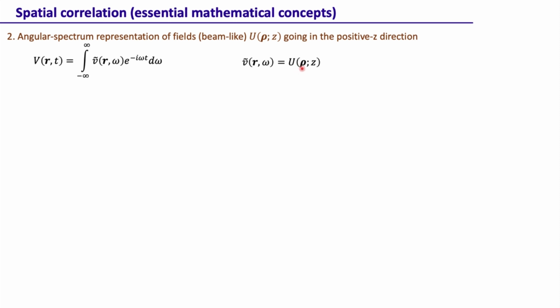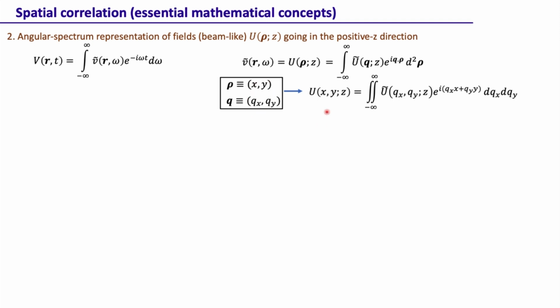Now this u(rho, z) can be written in terms of a Fourier relation, and here this is a two-dimensional Fourier transform. R is a three-dimensional variable, but rho is a two-dimensional variable, so R is basically rho, z. So x, y we are writing as rho, and the q, which is the spatial frequency, the conjugate basis for rho, we write as qx, qy.